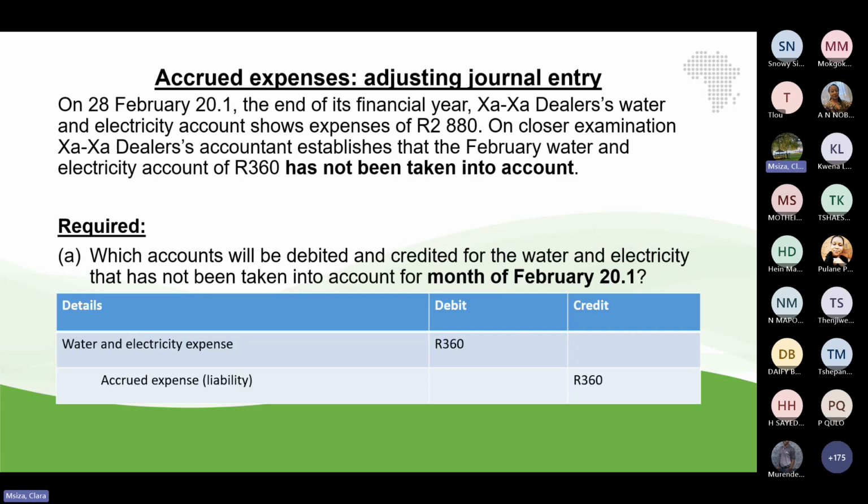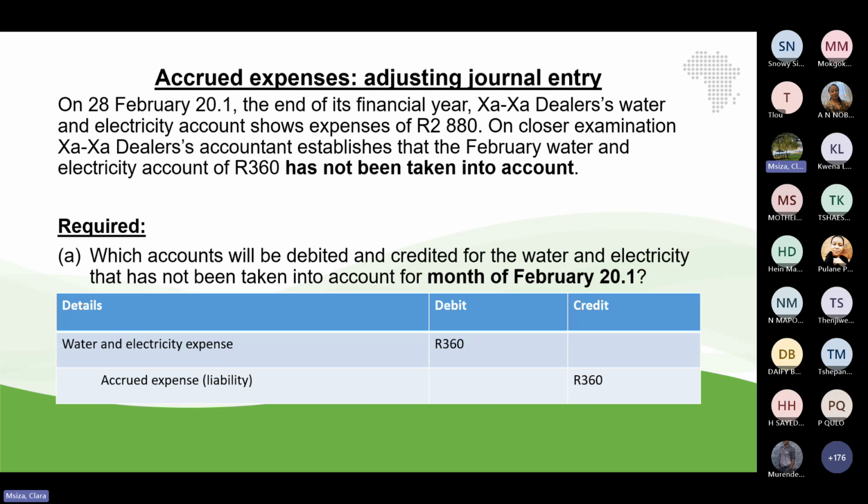You guys are correct. We'll debit this because the 360, we need to fix it. We are not looking at the 2,880, which is our invoice that we have received, because now we need to fix the issue of the 360. Remember, it relates to our current financial period.